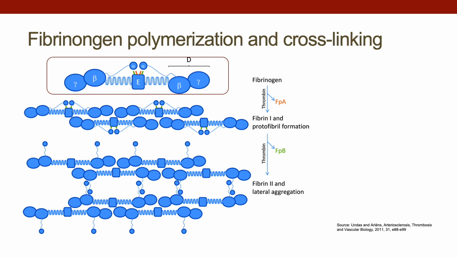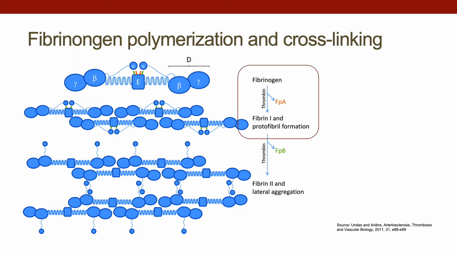It's made in the liver and is circulating in the blood. It's soluble as fibrinogen. Thrombin then first clips off a small peptide shown in red called fibrinopeptide A, from the N-terminus of the alpha subunits, making fibrin 1.